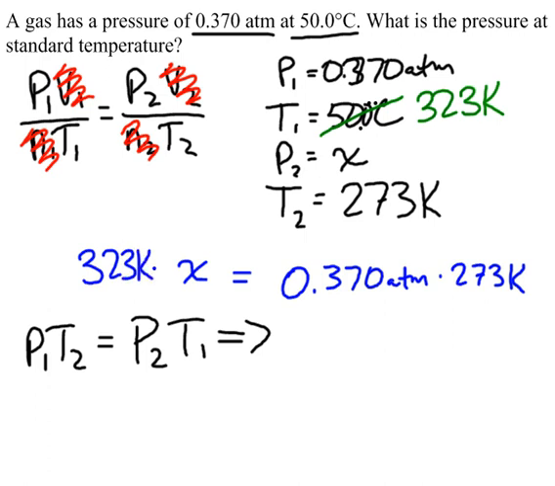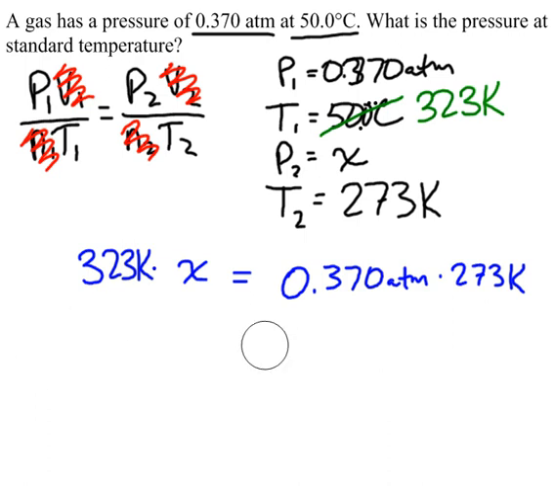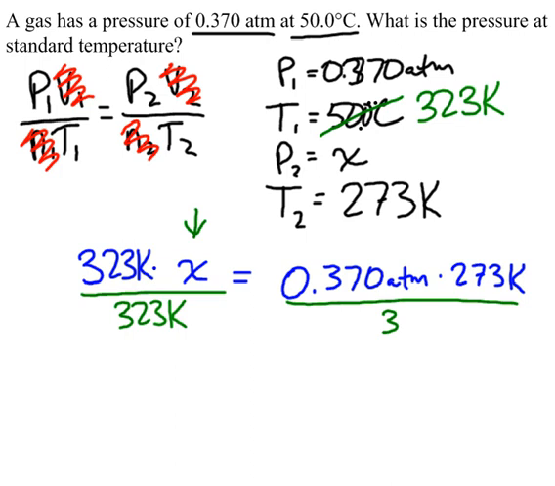Okay, so now that I have the problem set up, let's erase this right here just because it's in the way. All right, now I'm going to isolate my variable, which is X right here. So I divide both sides by 323 Kelvin.